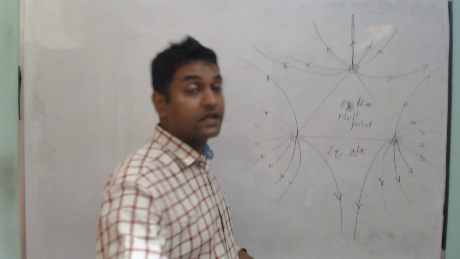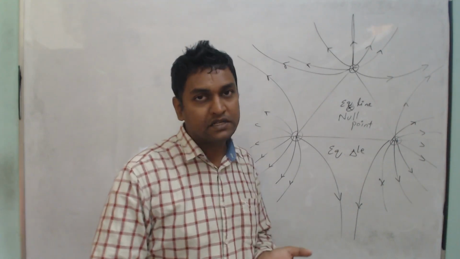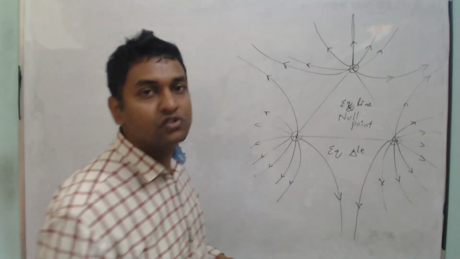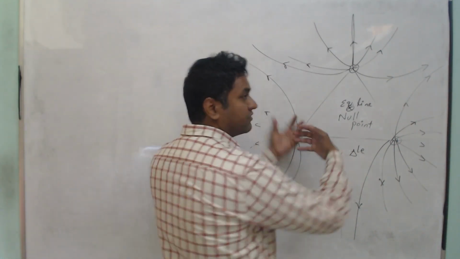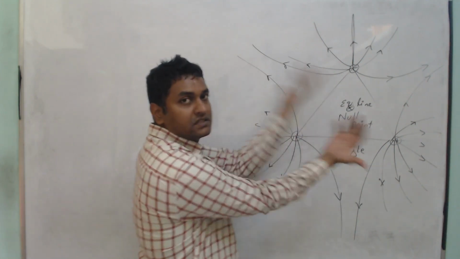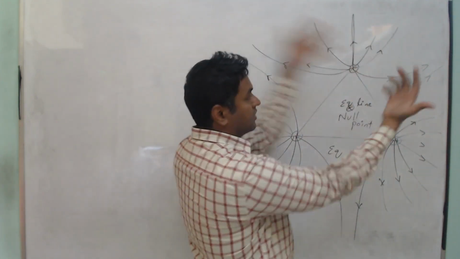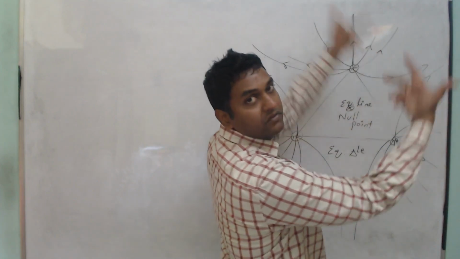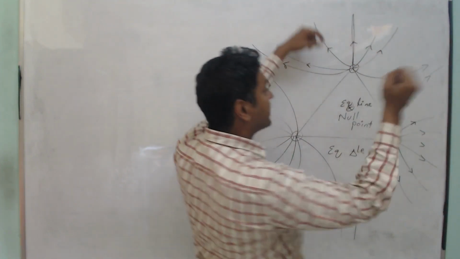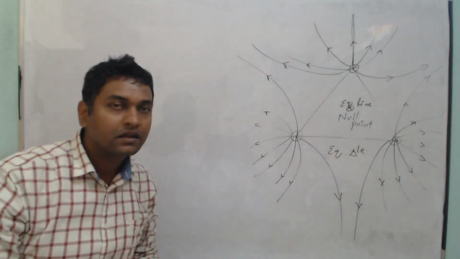So for us in exams, they can give a 3D representation, so that imagination is very important. Everywhere we are getting the lines coming out, and this one line is the equatorial line.